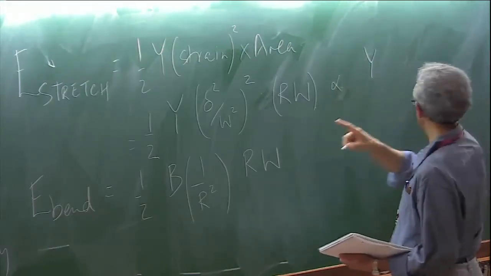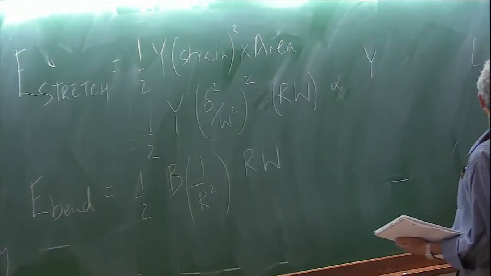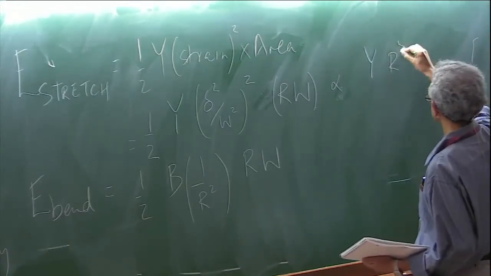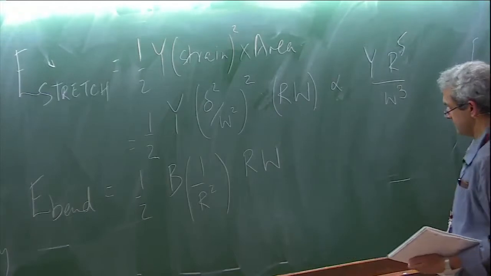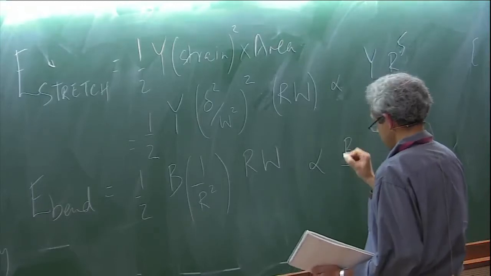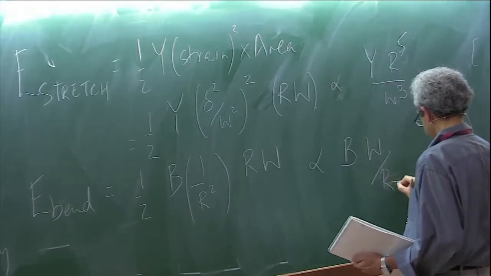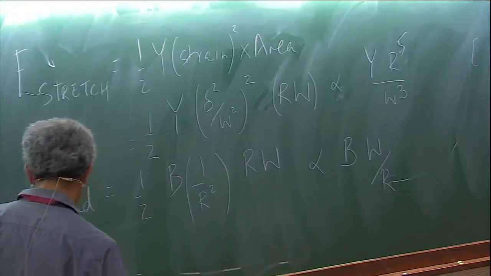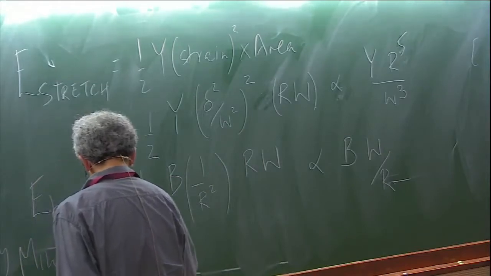I'm going to now replace the deltas by r's and some function of alpha to some power, okay? So this is r^4, r^5 powers of r, and w cubed, and this is B times w over r. Okay. Minimize bend plus stretch.